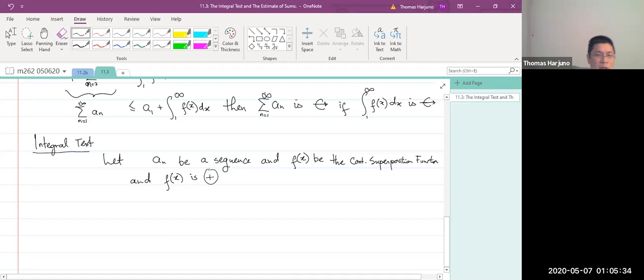We want that to be continuous and decreasing. When I say continuous superposition function, it implies that f(n) equals the nth term.